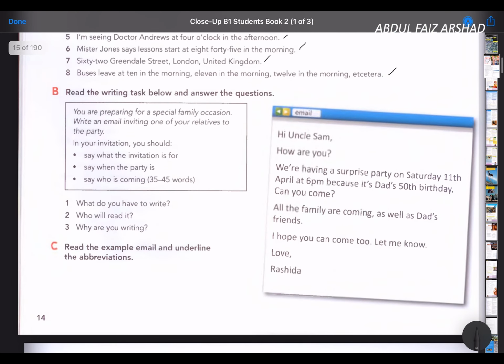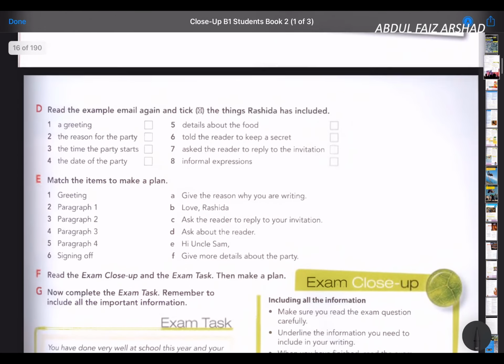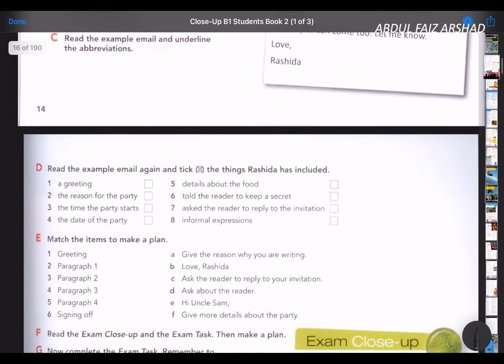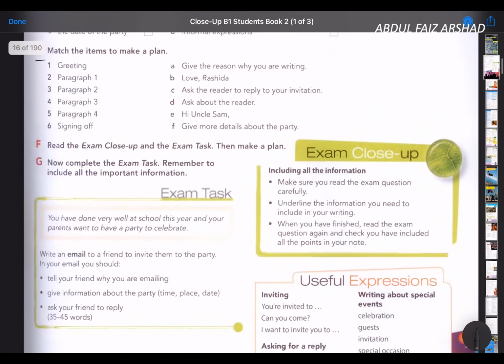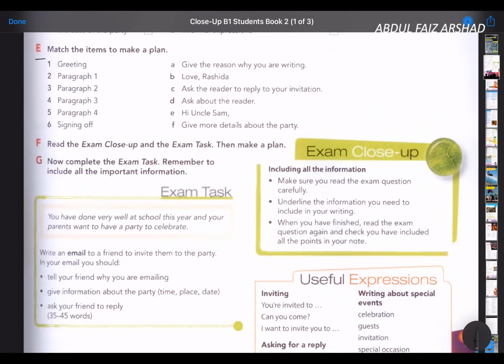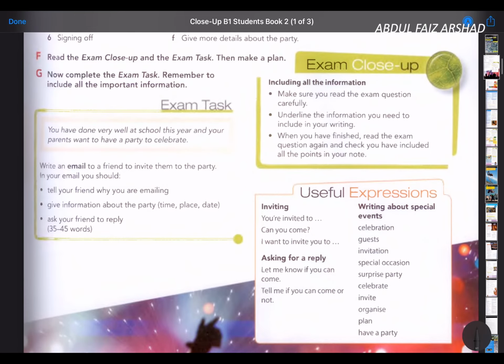So another task that I want you guys to do is to write an email later on. Before that, try to do D, E, and then read some useful expressions. Sorry, my circle is not perfect.